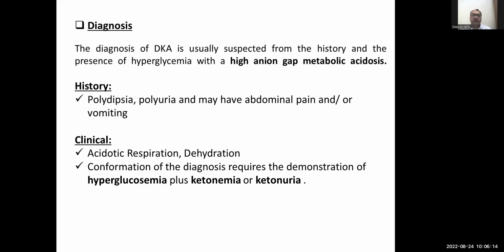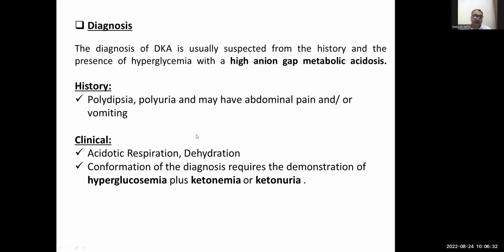And for the diagnosis of diabetic ketoacidosis, DKA is usually suspected from the history and the presence of hyperglycemia with high anion gap metabolic acidosis, and a history of polydipsia, polyuria, and may have abdominal pain or vomiting.